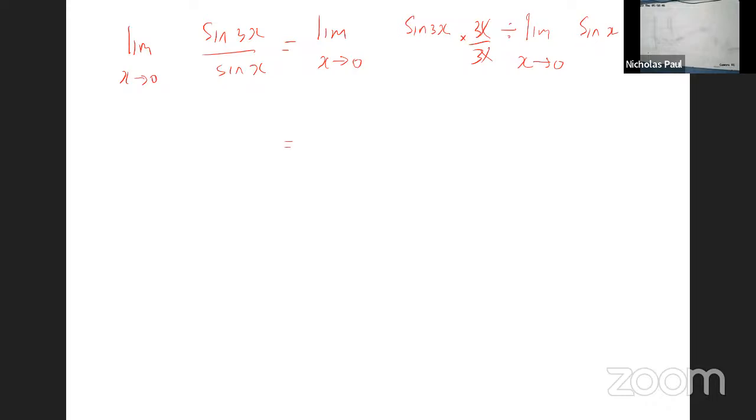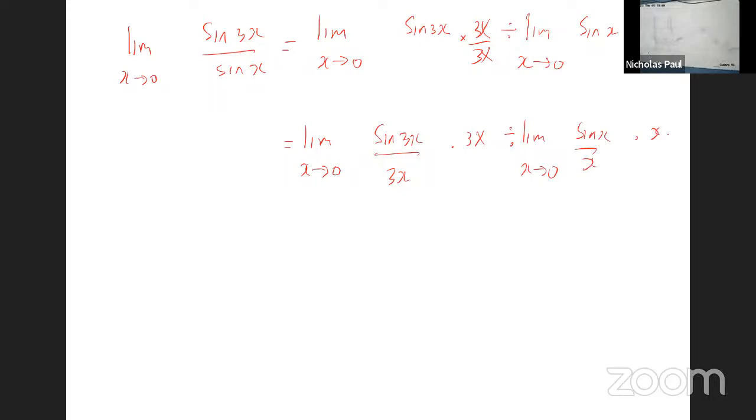So we'll end up with the limit as x approaches 0 of sine 3x on 3x, by 3x, I'll show you what we're going to do with that 3x just now, divided by the limit as x approaches 0 of sine x on x, by x.